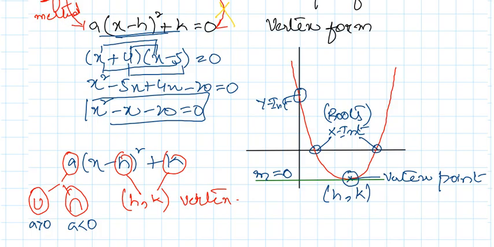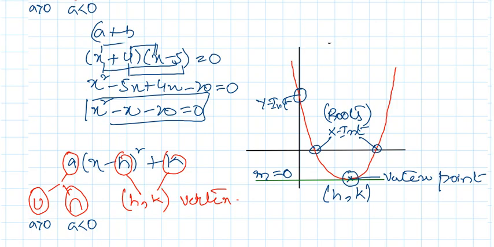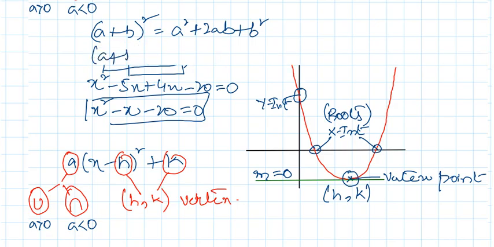Okay, let's discuss the completing square method. Completing square method means we already know that (a plus b) whole square is equal to a square plus 2ab plus b square, and (a minus b) whole square is a square minus 2ab plus b square.